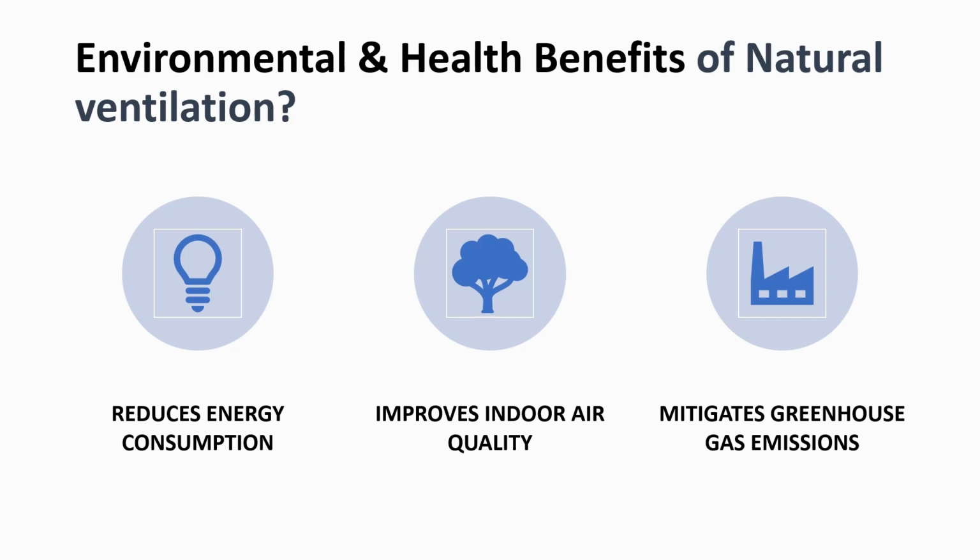We can reduce the risk of sick building syndrome, the condition caused by poor indoor air quality. And finally, by using natural ventilation, we can help to mitigate greenhouse gas emissions. We reduce our dependence on mechanical systems, which indirectly helps to reduce the emissions associated with electricity production.